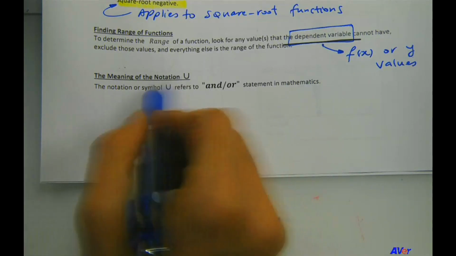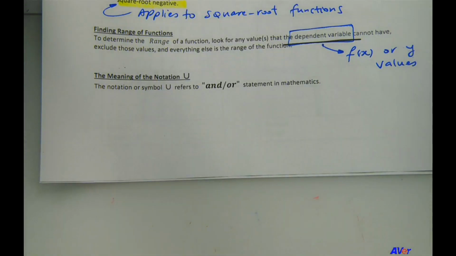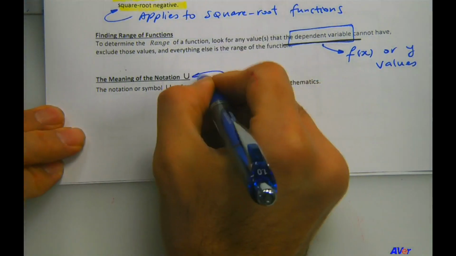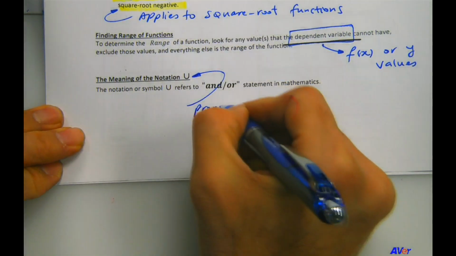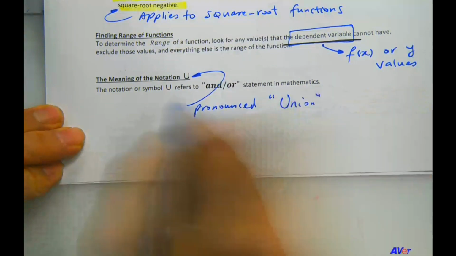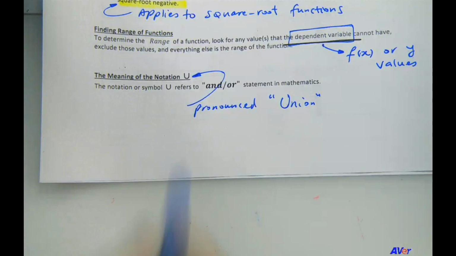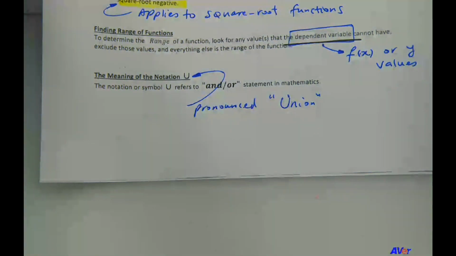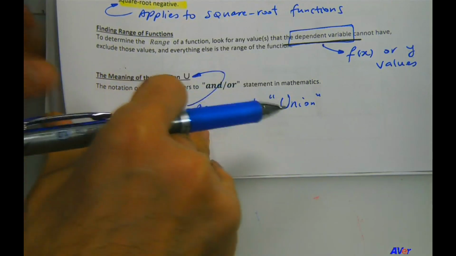And this notation, U, pronounced union, fulfills that function. When the domain has more than one piece, it allows us to mathematically say this piece or that piece or both pieces. That's the symbol for that, the union symbol. Okay, you'll see this used again and again.